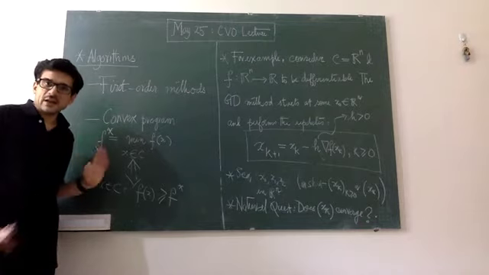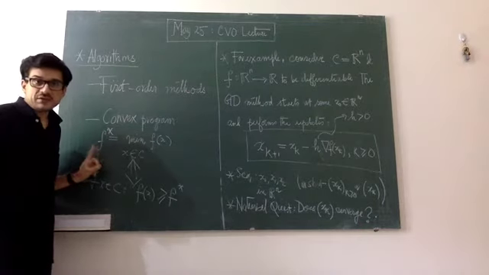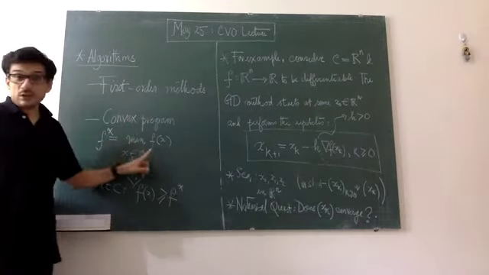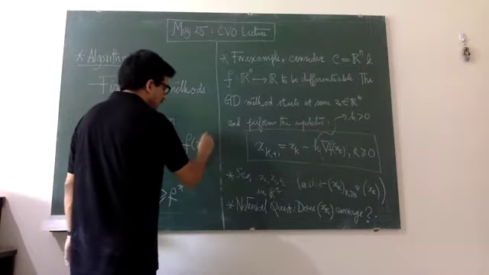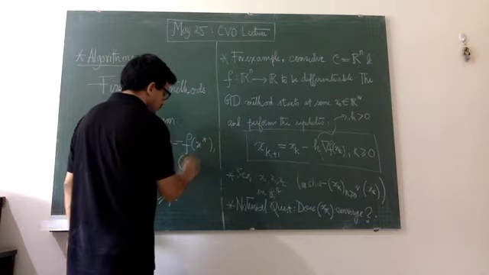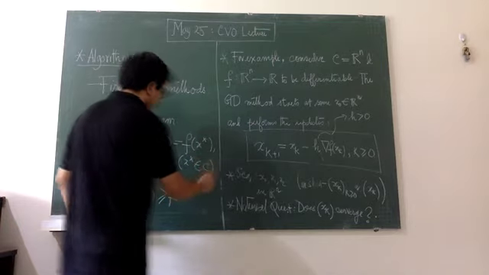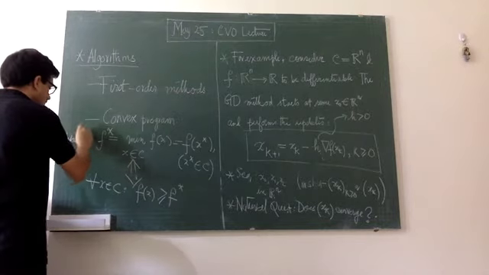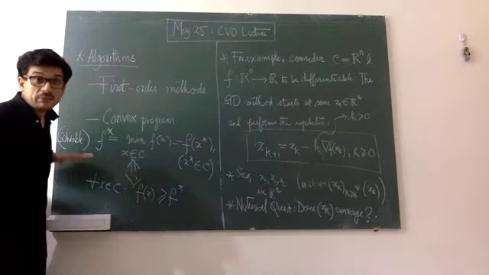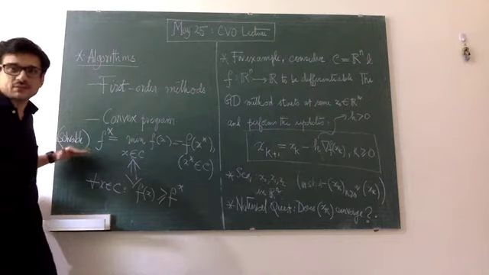That means f star exists, and in fact you can find an x star such that f star is equal to f of x star. So this is the solvability. The problem is solvable. That's a basic assumption that you make.